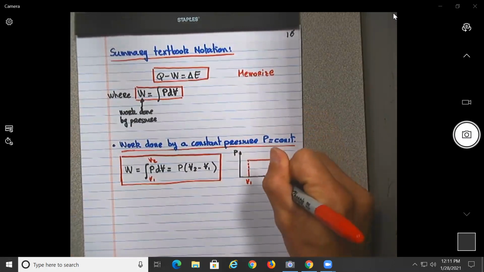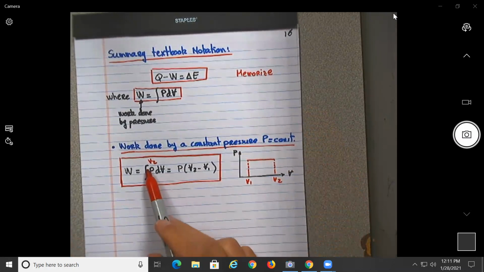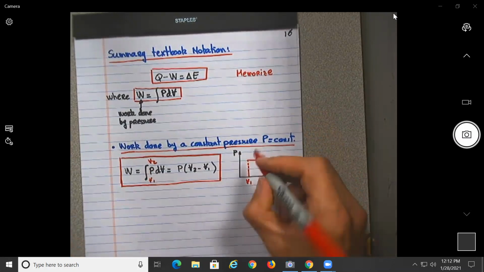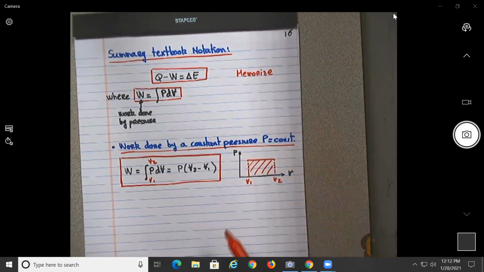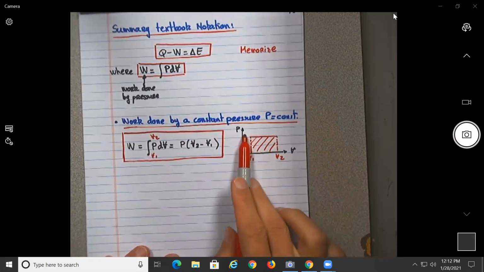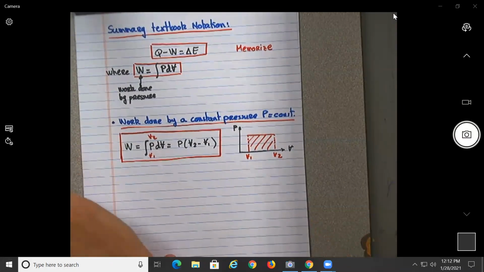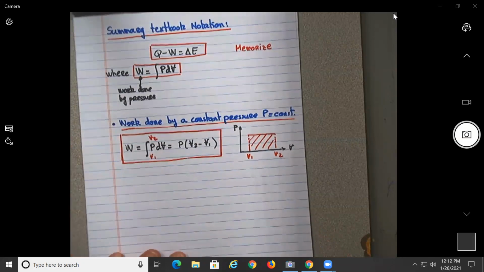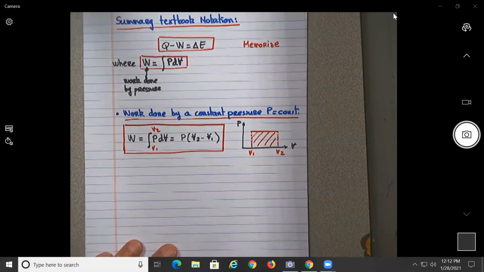If this is V1 and this is V2, what is the physical meaning of taking the integral? You find the area. So really, the work done by the constant pressure is just the area under the curve, no? Yeah?